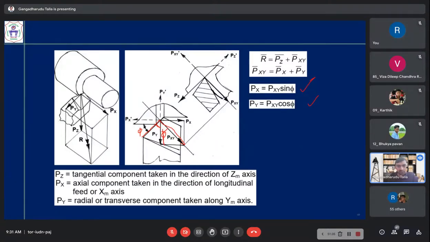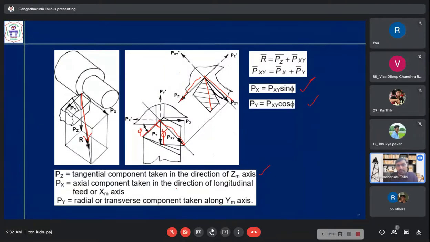And the final resultant force acting on the tool is the resultant of Pz and Pxy. Pxy is anyhow the resultant of Px plus Py. Now what is Pz? Tangential component taken in the direction of the Zm axis, that is nothing but Ft.